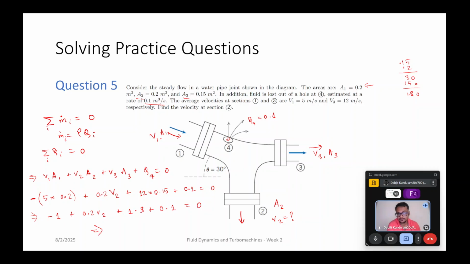So this is minus 1.8 plus, okay. So V2 is equal to minus 0.9 divided by 0.2. So that's minus 4.5 meters per second. Now see, we assumed that V2 is going outwards, but since the value is negative, it's actually flowing inwards with a velocity of 4.5 meters per second. Simple enough.